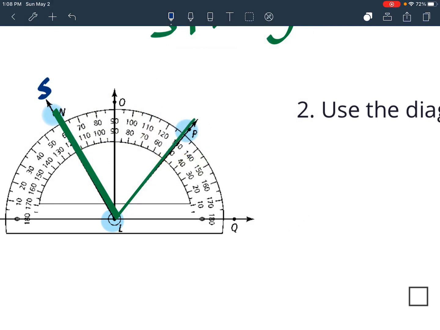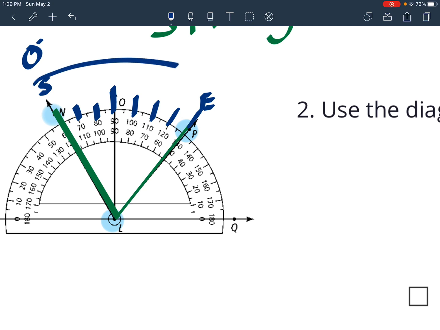I'll say this is the starting point, and this is the ending point. One of them's got to be your 0. So I'm going to say that's my 0 degrees. So from 0 to here, that's 10, 20, 30, 40, 50, 60, and here would be the 70. So from here to here, it's 70 degrees. Even though they don't start at 0, I would just count it, right?